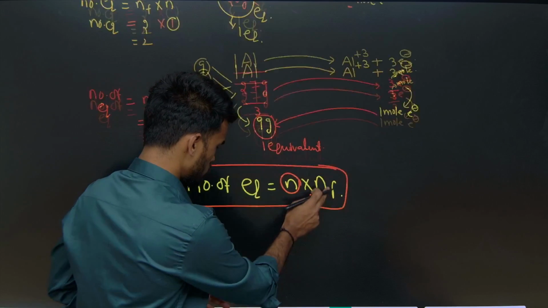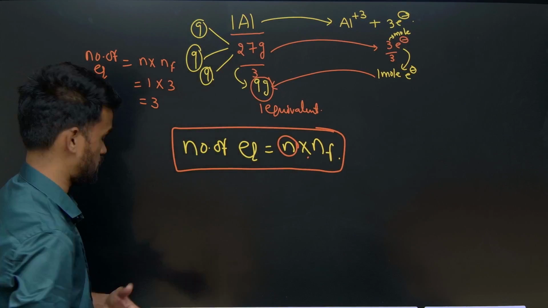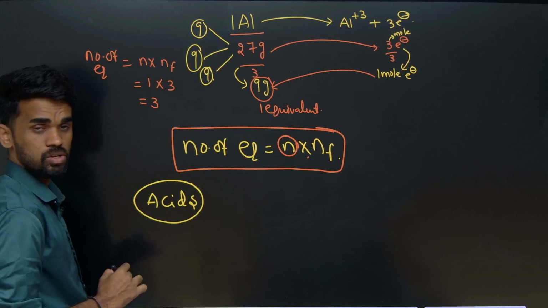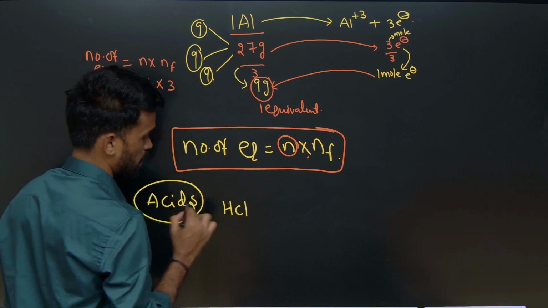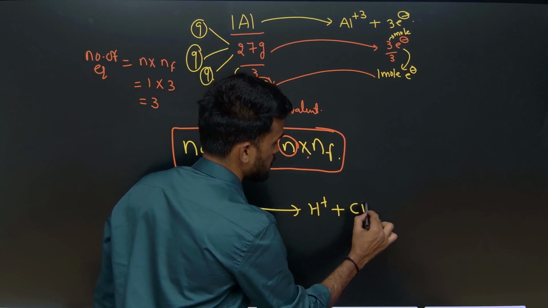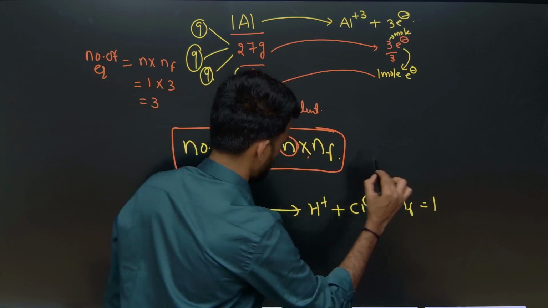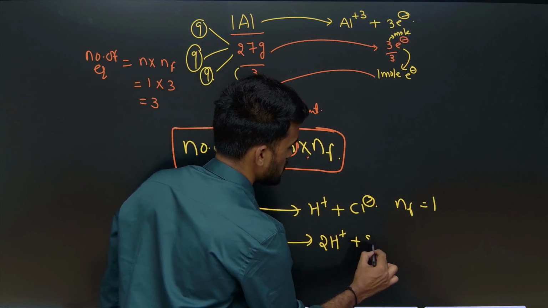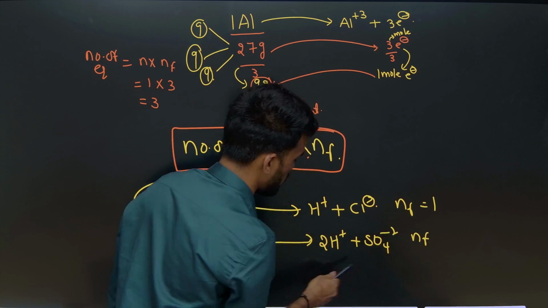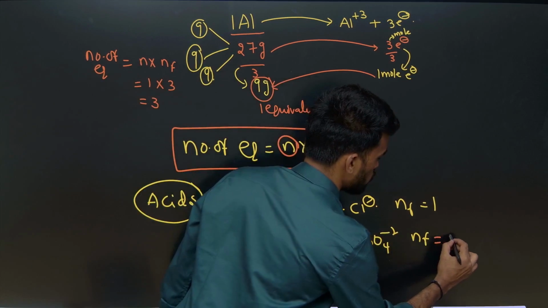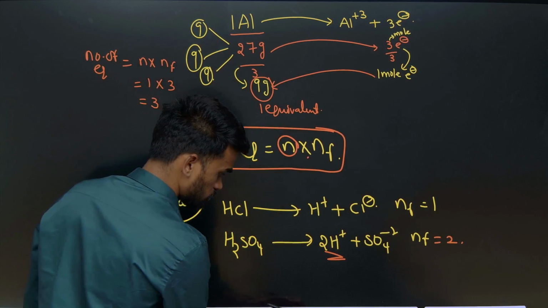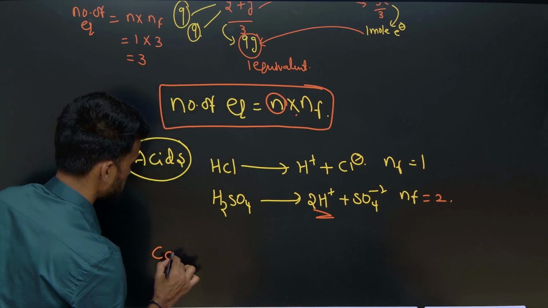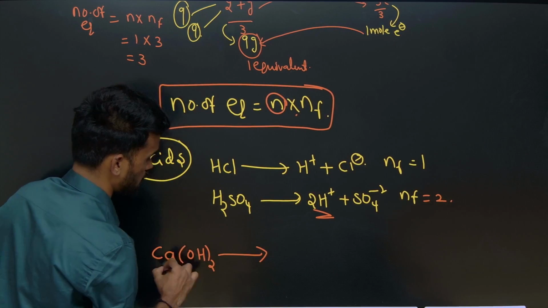Okay, so now what about acids and bases? For acids, the n factor is the number of H plus ions it releases. For example, HCl, if I say 1 mole, releases 1 H plus and 1 Cl minus, so its n factor is 1. H2SO4 releases 2 H plus and a sulfate ion, so its n factor is 2. For a base, let us say Ca(OH)2, how many OH minus will it release?